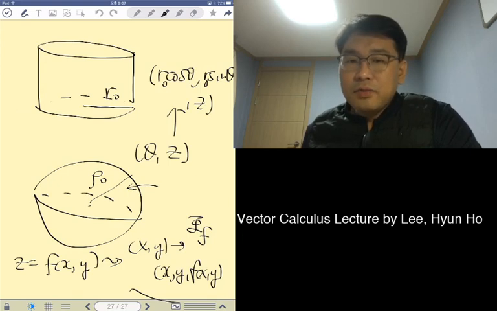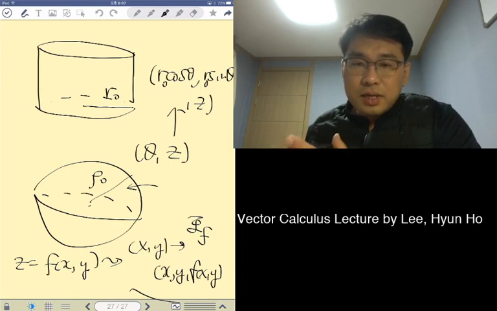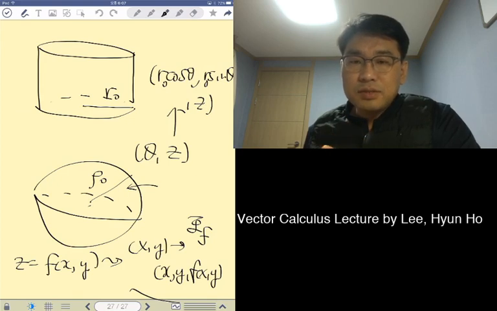So last time we covered this definition and then how to get the tangent plane. If you remember, the tangent plane is determined by two linearly independent vectors, which are tangent vectors.